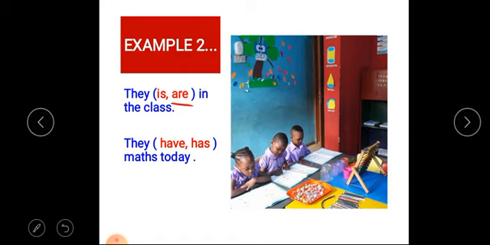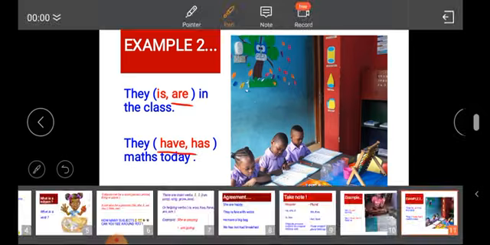Is it they have math today or they has math today? Exactly, they have. Have is a plural verb, and that is the one to be used for a plural subject they. They have. Better. Let's move on.